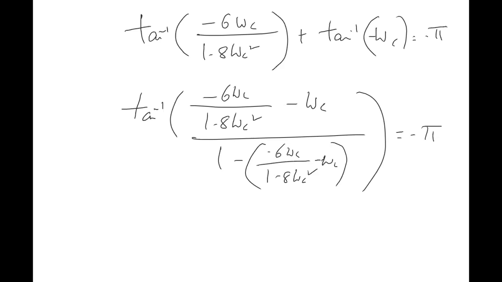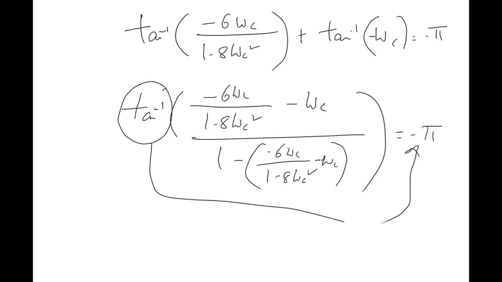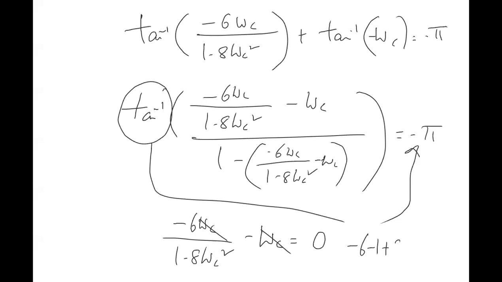So this tan inverse goes to this side, it becomes 0. That means minus 6 omega c by 1 minus 8 omega c square minus omega c is equal to 0. So omega c will cancel. So minus 6 minus 1 plus 8 omega c square is equal to 0.